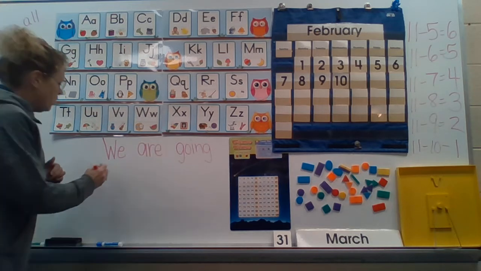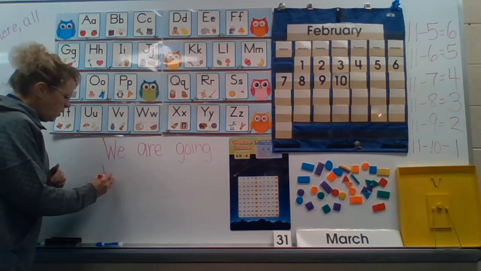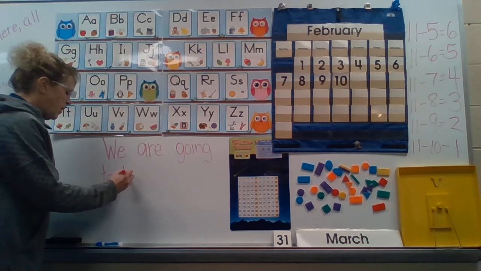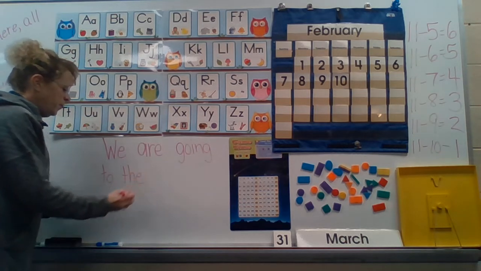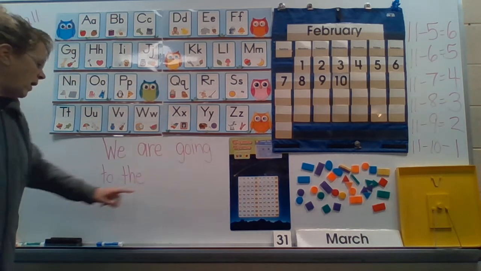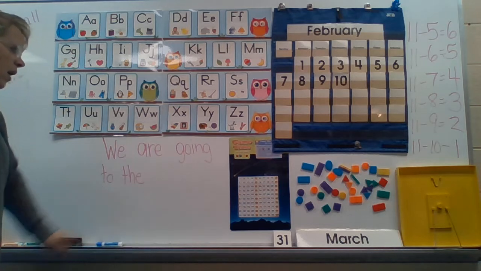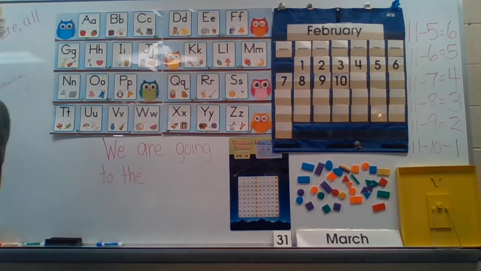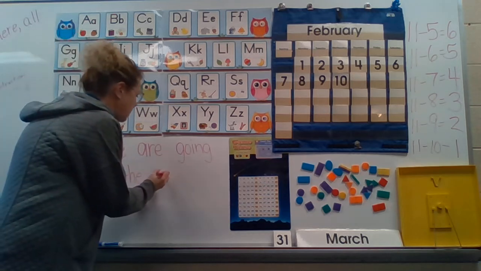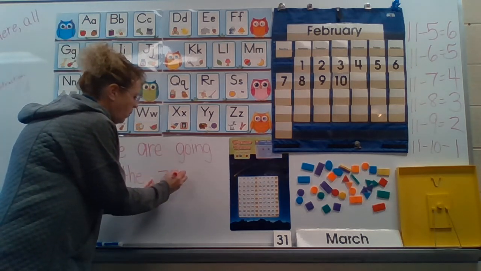To, we know that word, T-O. And we know the, and leave a nice space though. We are going to the, how do you spell zoo? Z. We need a Z and then O-O.